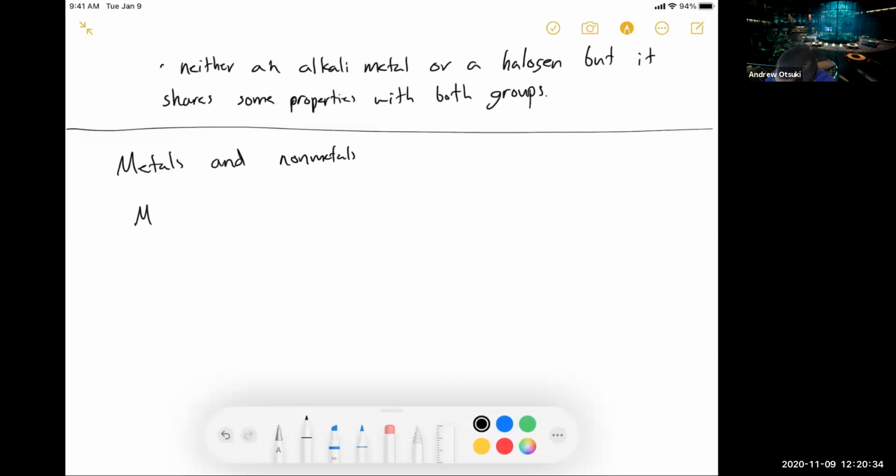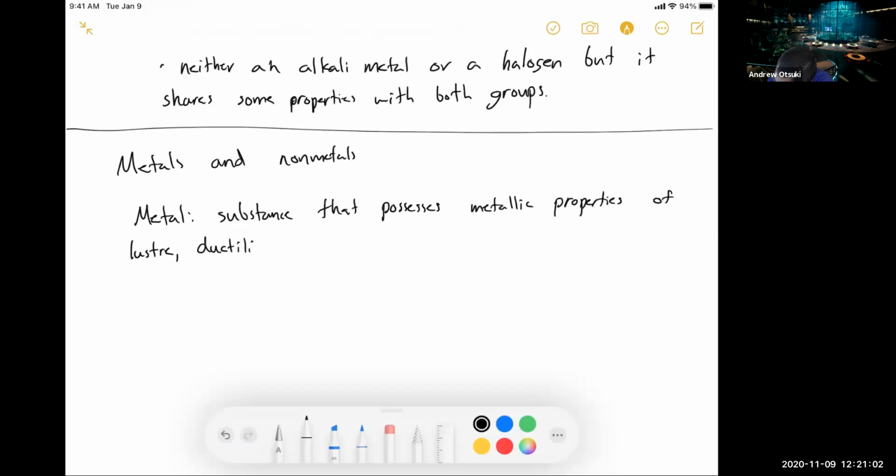So metal. A metal is described as a substance that possesses metallic properties of luster, ductility, malleability, and good conductivity of heat and electricity.